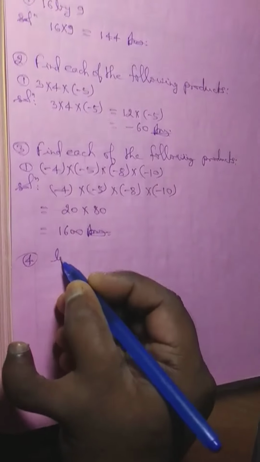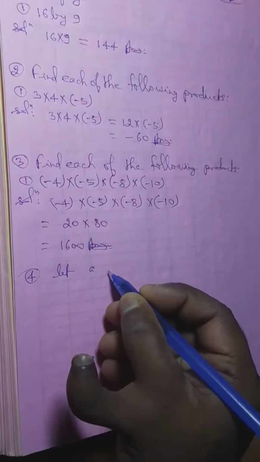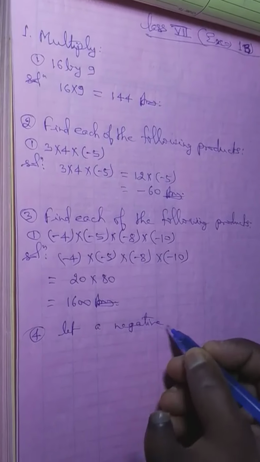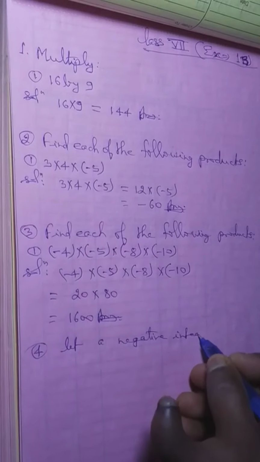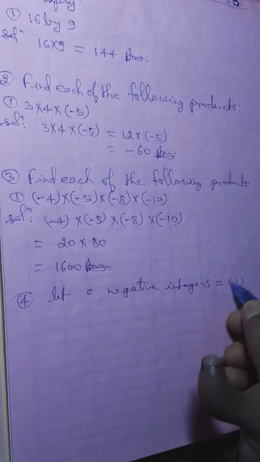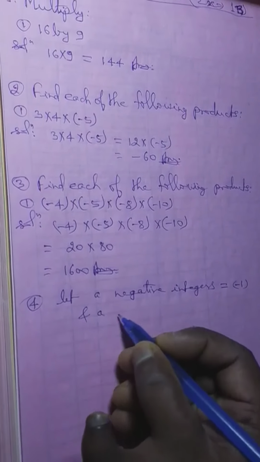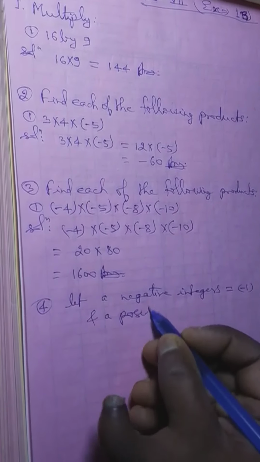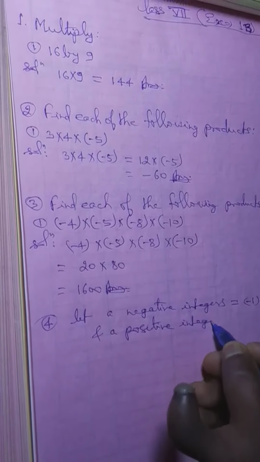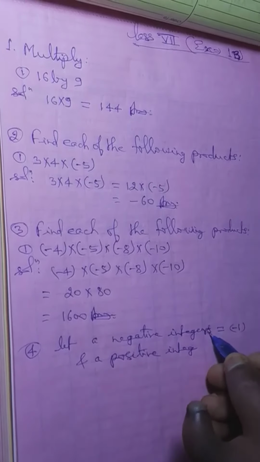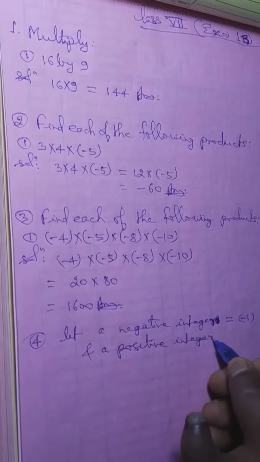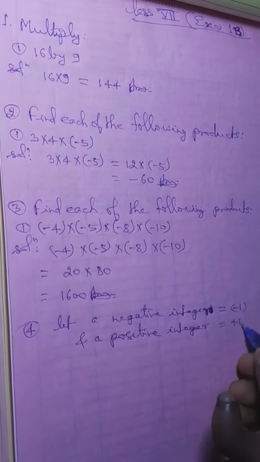Let a negative integer be equal to minus 1 and a positive integer be equal to plus 1.